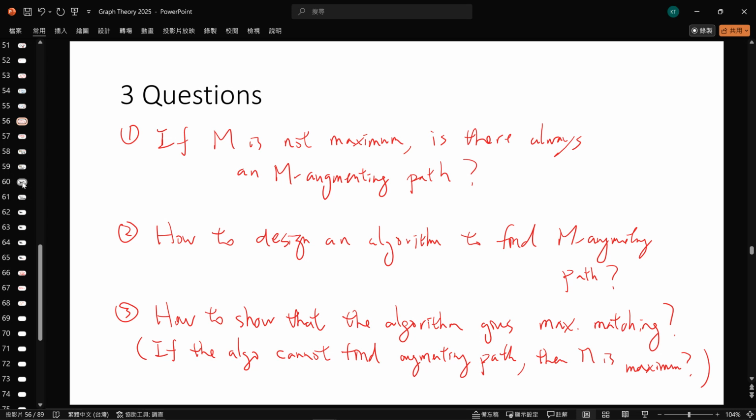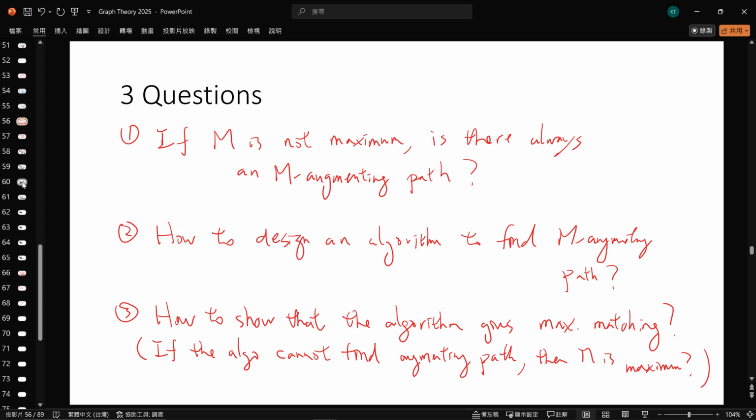So we studied three questions related to augmenting paths. First is the existence of an M-augmenting path. M-augmenting path means that the matching we are considering is M, and we want to find an augmenting path for M. So given a matching M, we want to know whether we can find an M-augmenting path, does it exist?